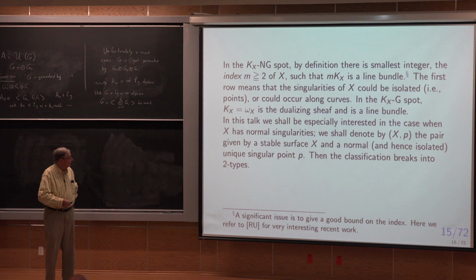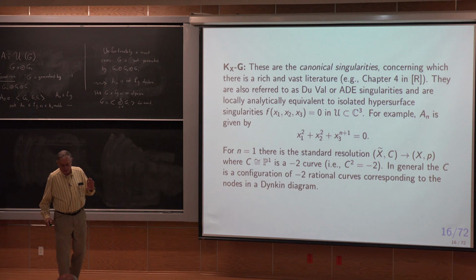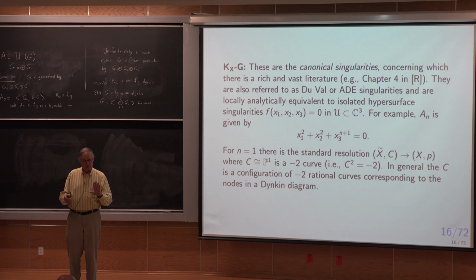And this is just a comment about the non-Gorenstein ones. So the Gorenstein canonical singularities break into two types. So let's just try to get some rough picture of what sort of singular surfaces we have to allow.